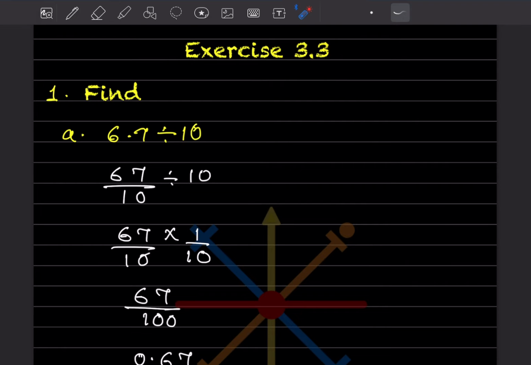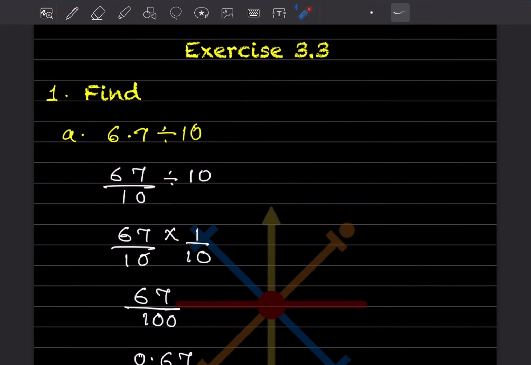So here 6.7 can be written as, because after the decimal there is only one number, or we can say one digit, you can write this as 67 divided by 10. Now whenever we have division, this is the left side and this is the right side.